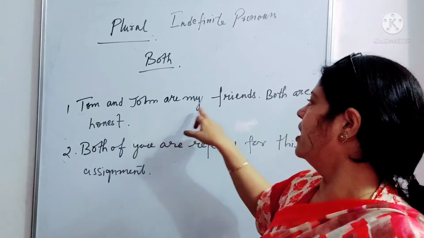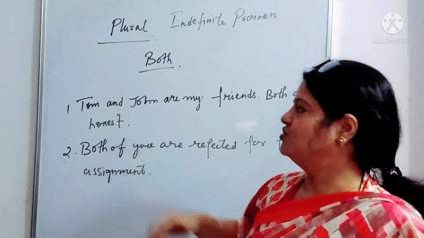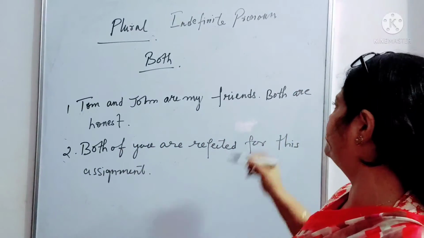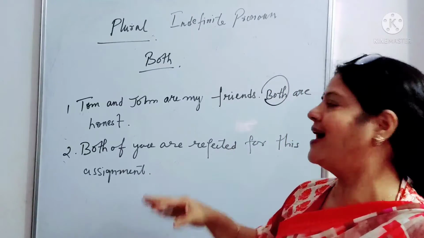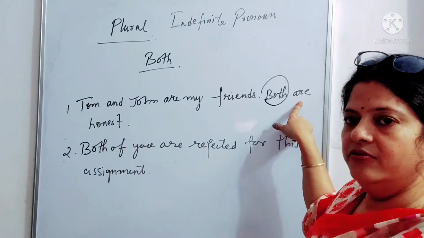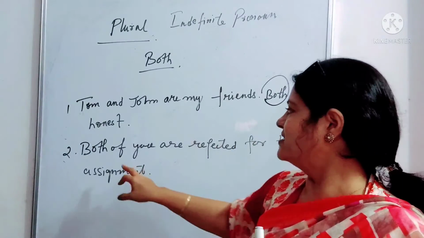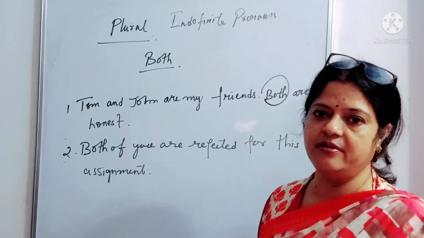Tom and John are my friends. Both are honest. So Tom and John, they are two persons. So that is why we have used both for Tom and John, and this verb is plural. Next, both of you are rejected for this assignment.